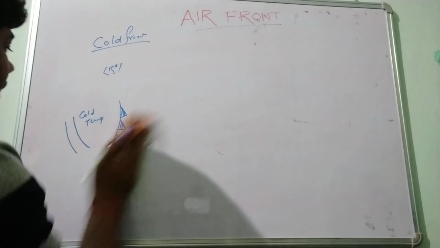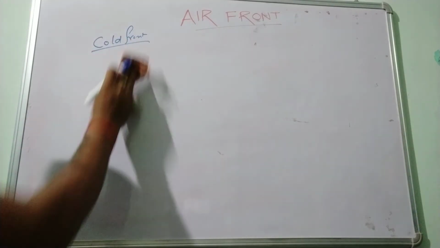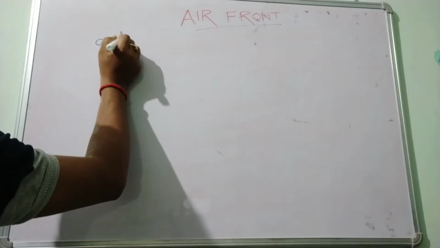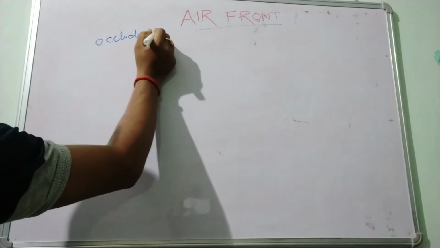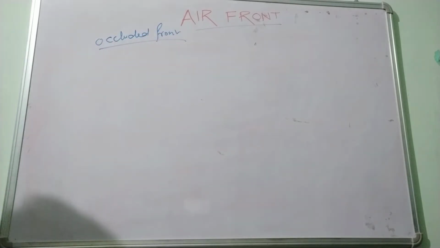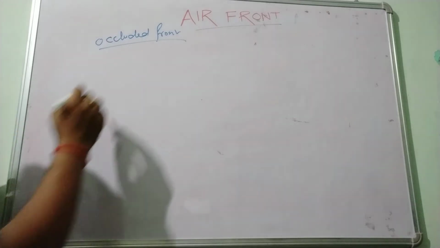Now coming to another important front, which is known as the occluded front. The occluded front is formed when the boundary separates the new cold air mass from the older cold air mass that already replaced the warm air to the north of the warm front.